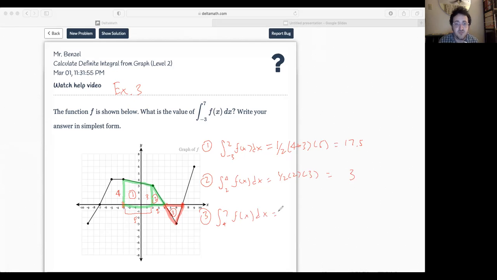And for this one, we are in the negative space. So this is going to be 1/2 times 3. And then we're going down 3 below for the height. So let's see, 1/3 of -9 is just -3.